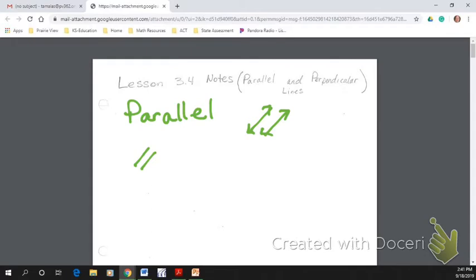Okay, so if I want to say line A is parallel to line B, I could write it like that, right? And parallel lines have equal slopes. Equal slopes.